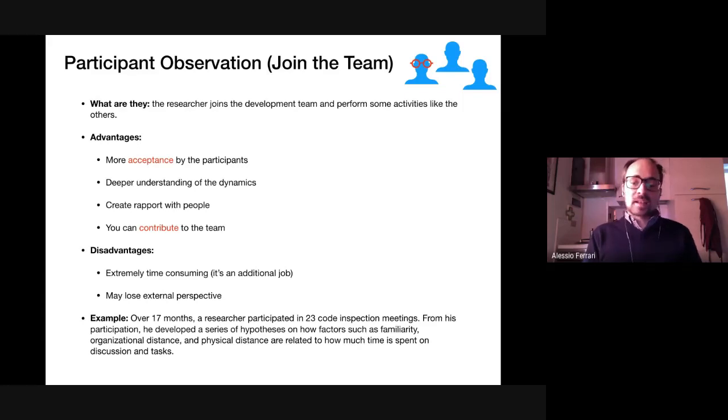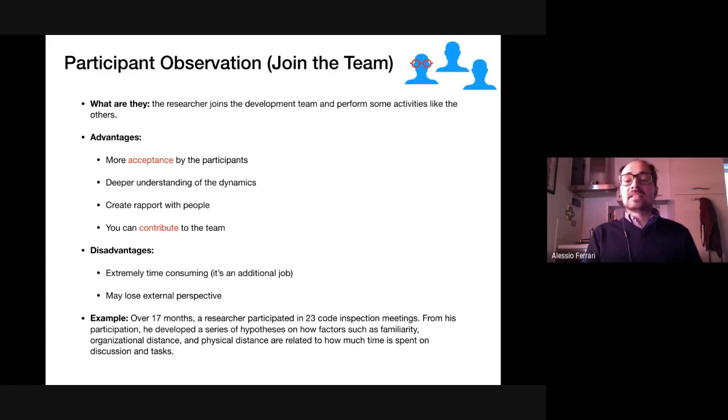In this example, you have a researcher that participated in 23 code inspection meetings, meetings in which people were discussing the code that was developed, reviewing the code, and he tried to elicit information on how factors, for example, familiarity, organizational distance, and physical distance may be related to how much time is spent on certain discussions and tasks. So this is something that you can do only by being present there and observing people.